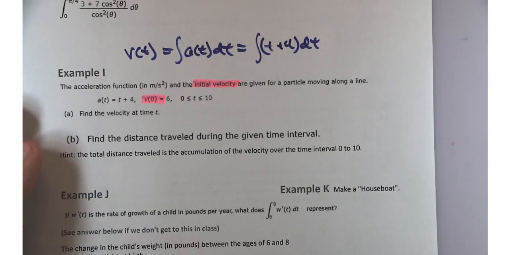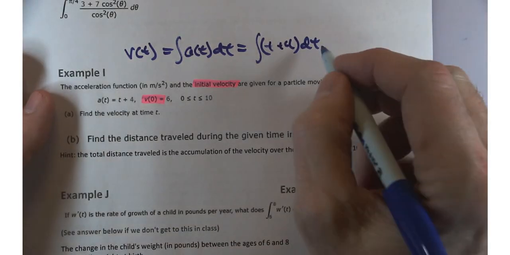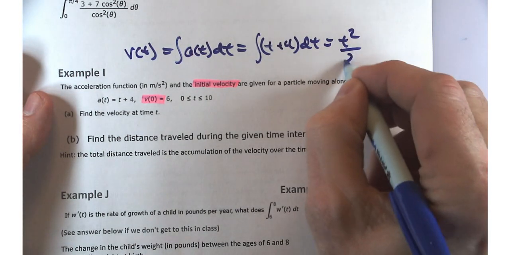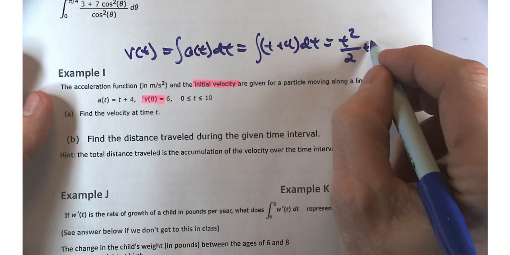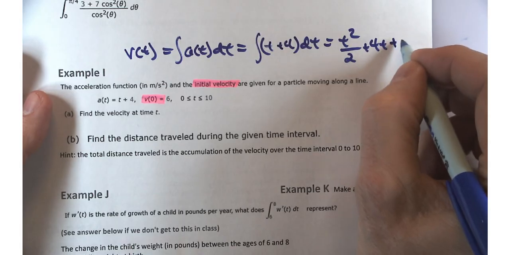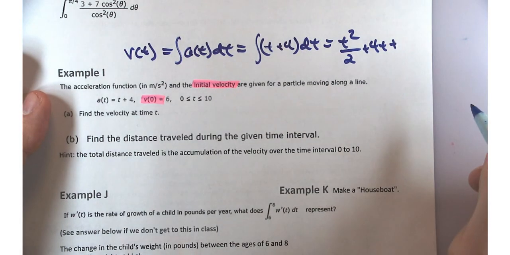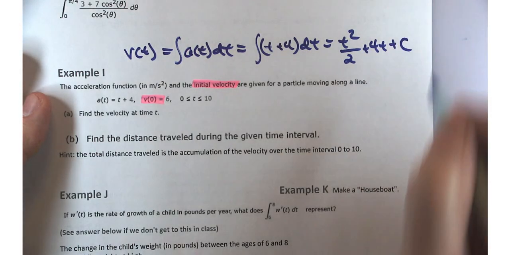What's the antiderivative of that going to be, please? t squared over 2 plus 4t plus, anything? Plus c, plus our constant of integration.